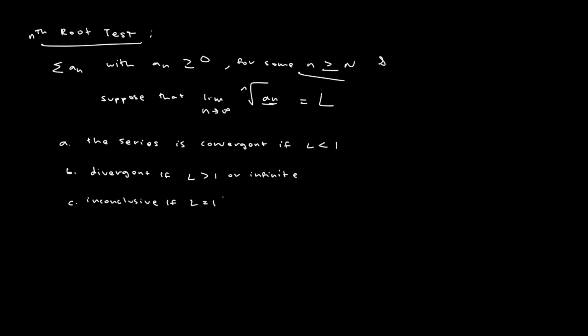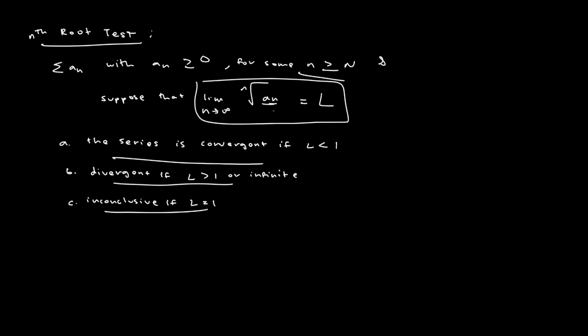So very similar structure to the ratio test, but now we're just finding the limit of the nth root of the nth term as n tends towards infinity. So that's the nth root test, and this can also be very helpful in finding out whether specific series converge or not.